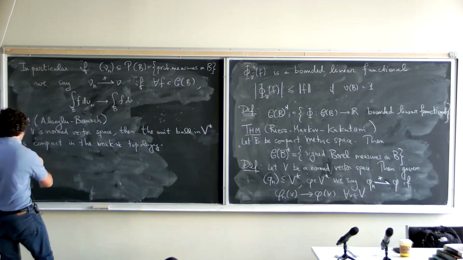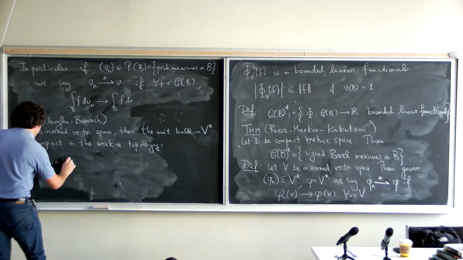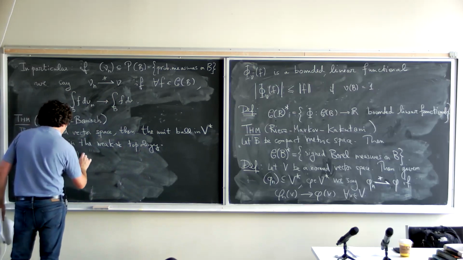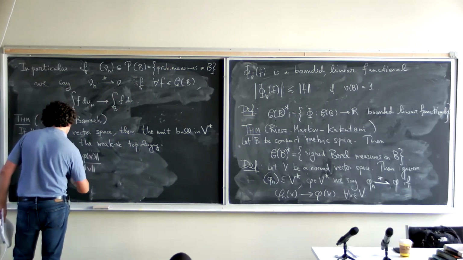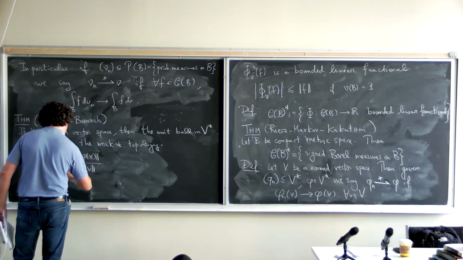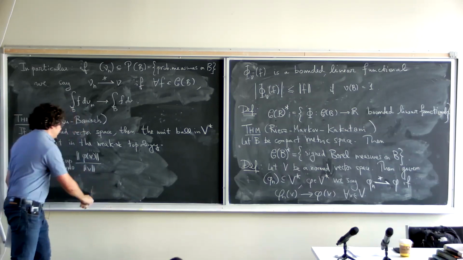Remember that the norm of a functional is just the supremum of the norm of phi of v divided by the norm of v. Okay, so this is just to remind you.